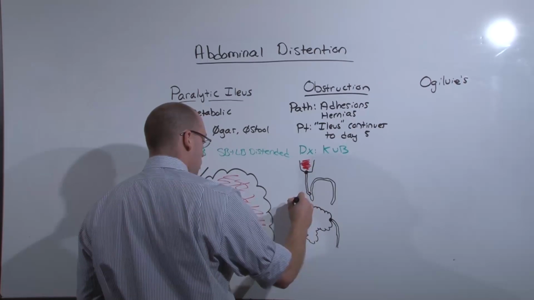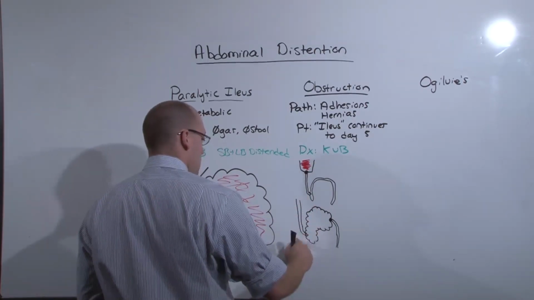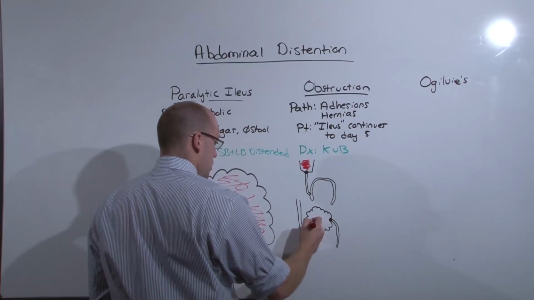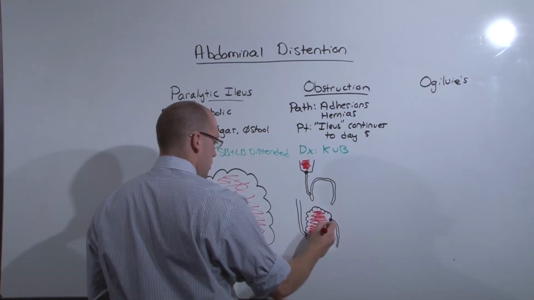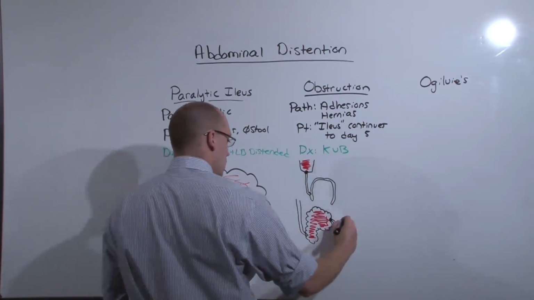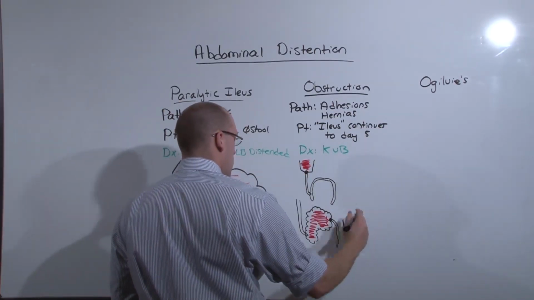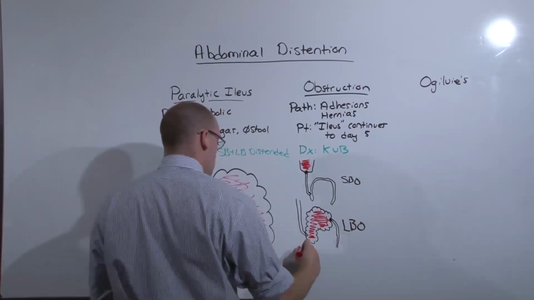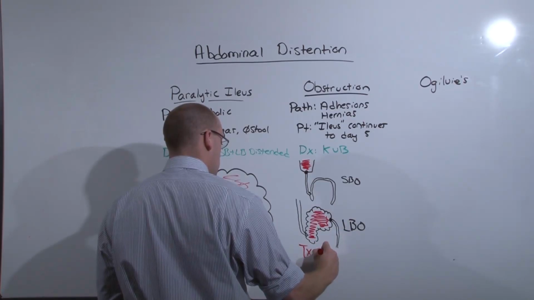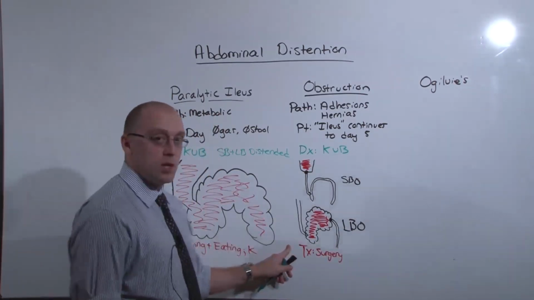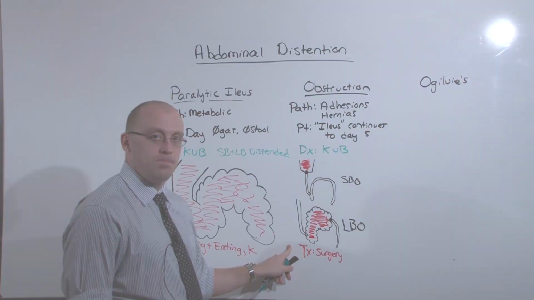So you'll see normal small bowel, big distended colon, and distal to the obstruction, compressed air. This is a large bowel obstruction. This is a small bowel obstruction. This is a surgical emergency. The patient needs to be taken to surgery now, especially if they begin to develop peritoneal signs.